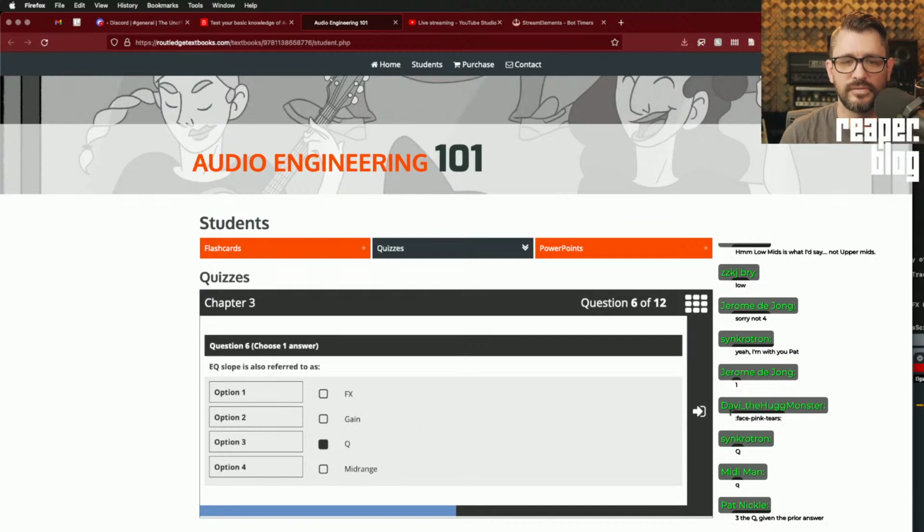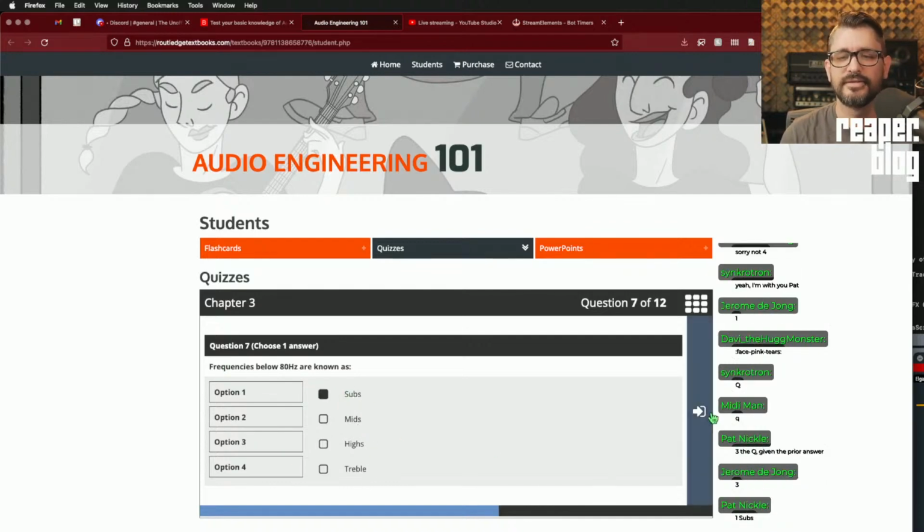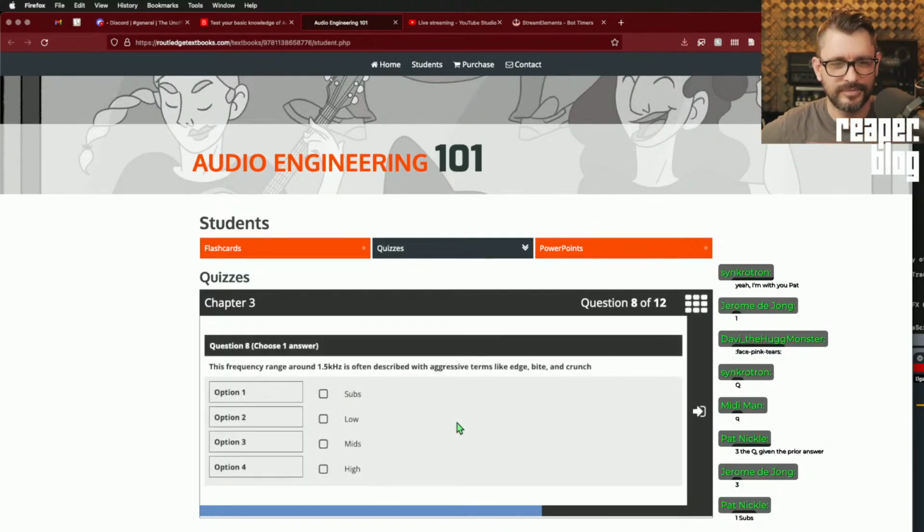Definitely Q, though. Q, or quality, is the bandwidth or slope. Frequencies below 80 hertz are known as subs, mids, highs, treble. Come on, this is too easy. Give me a trick question, something we have to think about.